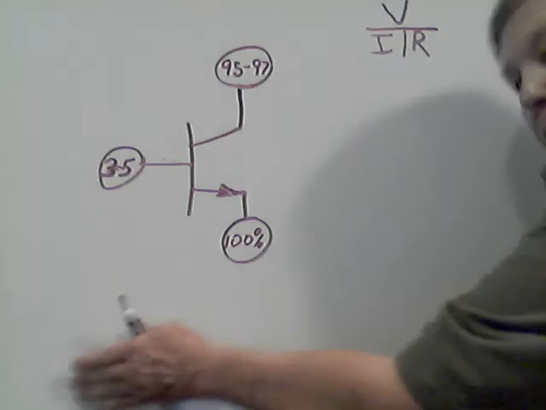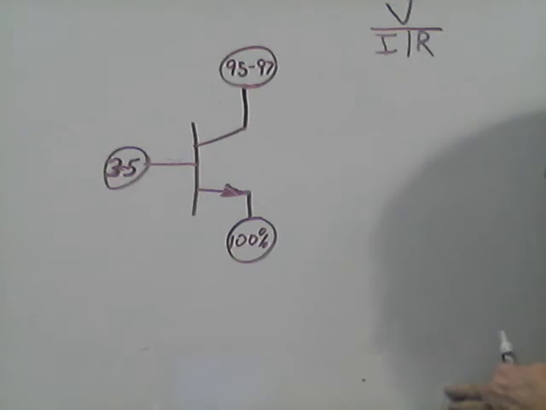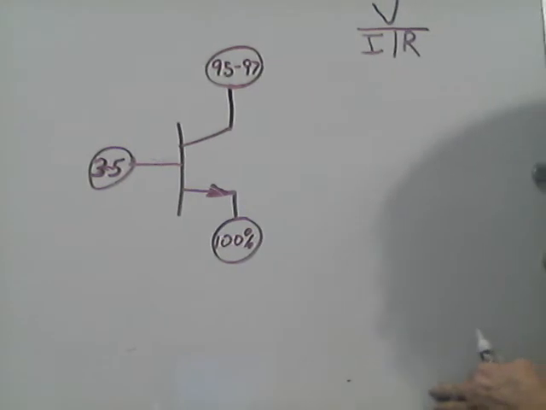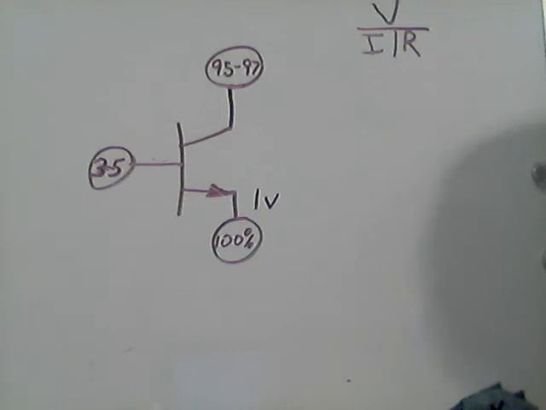What I'm going to do is give some arbitrary values to this particular device here. Let's give this emitter an arbitrary value of 1 volt, just because it sounds good and it's easy for me to work with.